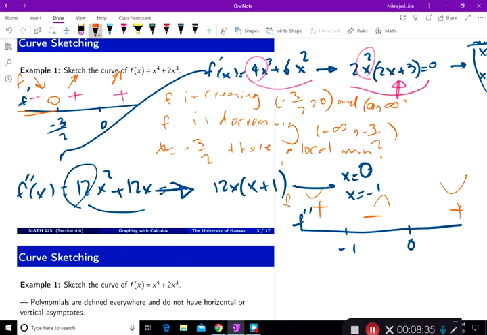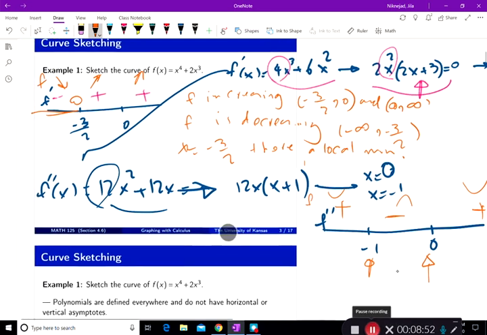Now I have a lot of information, and there are a few more pieces of information that I got. Here the concavity changes, so the point of inflection at -1, and here concavity changes, so another point of inflection at 0.